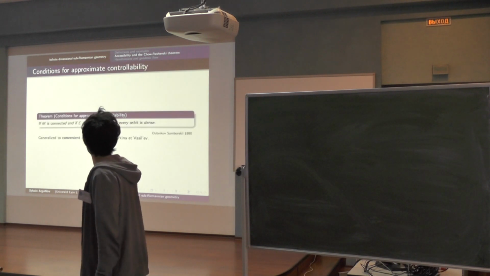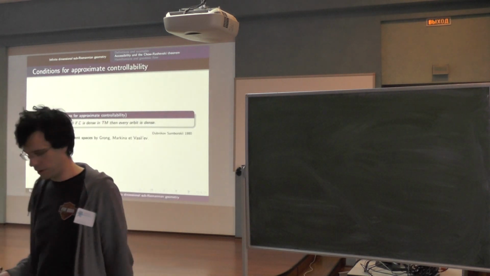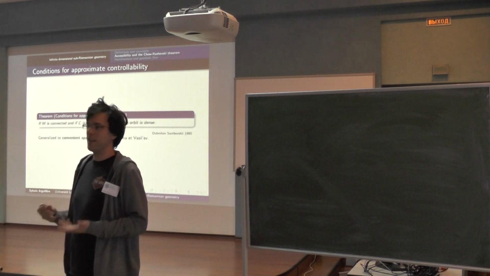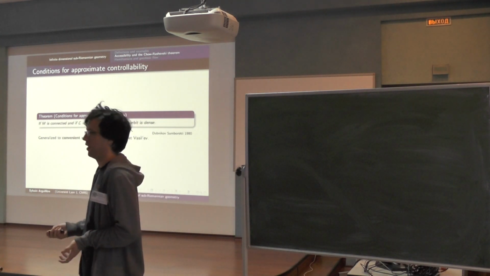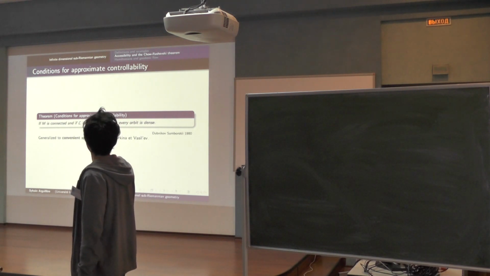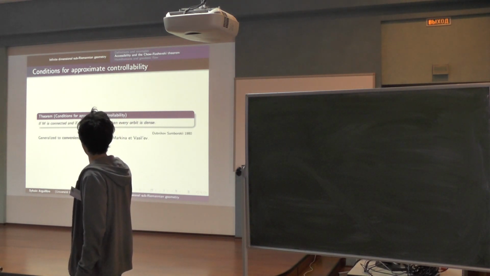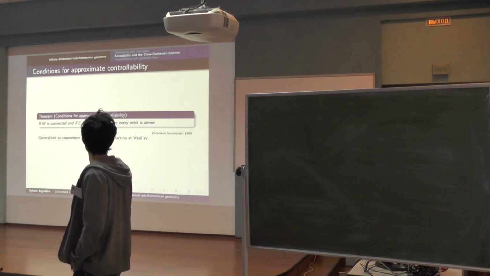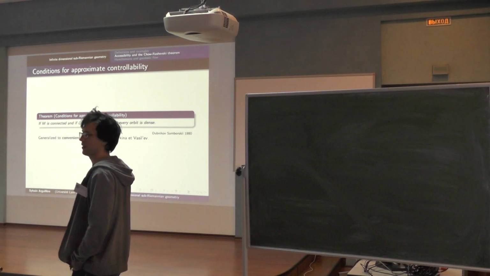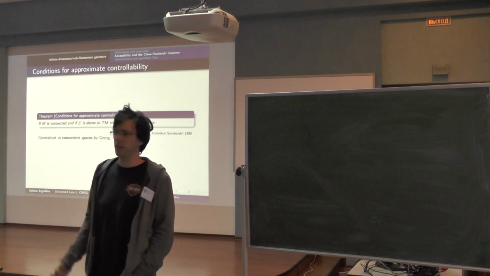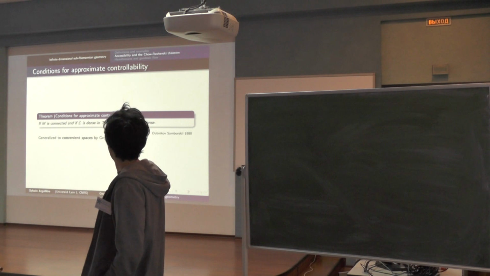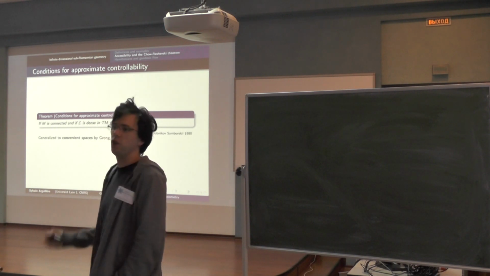So here's a result that dates from the 80s, which tells you what can be expected reasonably in this case: if you have a connected space and the Lie algebra is dense in the tangent bundle, then every orbit is dense. So you have what is called approximate controllability. And this is a very easy condition to satisfy.